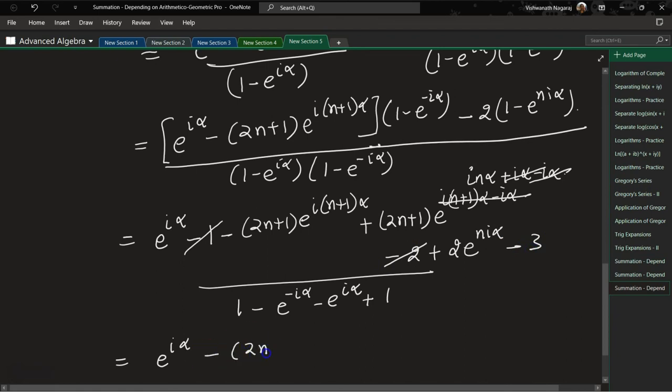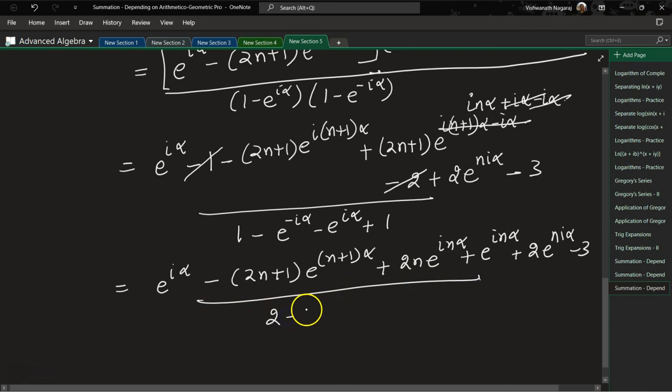Minus (2n plus 1) e to the power of i(n plus 1)alpha plus 2n e to the power of i n alpha plus e to the power of i n alpha plus 2 e to the power of i n alpha minus 3, divided by 2 minus e to the power of i alpha plus e to the power of minus i alpha, which is equal to e to the power of i alpha minus (2n plus 1) e to the power of i(n plus 1)alpha.